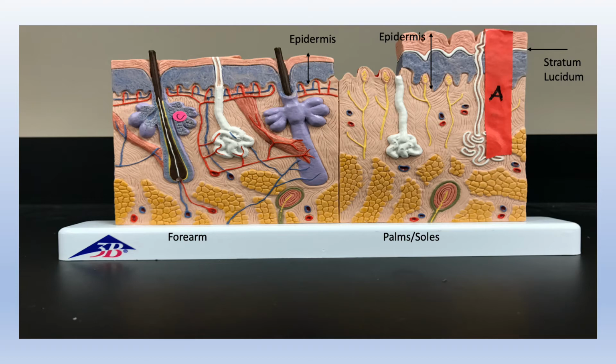Although we will talk in detail, it has one more layer we call stratum lucidum, which is represented with the undulating white line, pointed out with the horizontal black arrow.